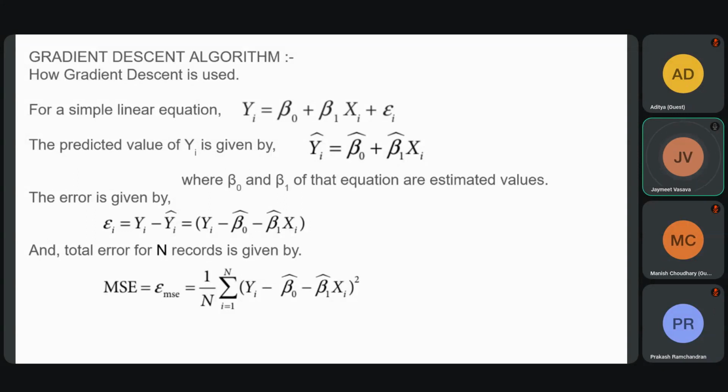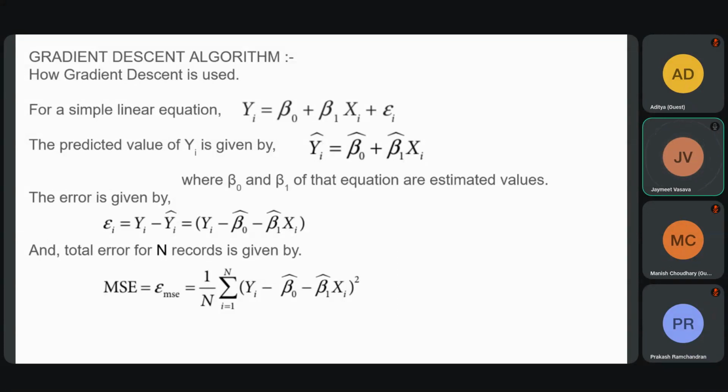And the error, which was mentioned in the simple linear equation, is given by the difference of yi minus yi hat, or the actual value minus the predicted or the estimated value. And when we substitute the value of yi hat, we get the term yi minus beta 0 hat minus beta 1 hat xi.